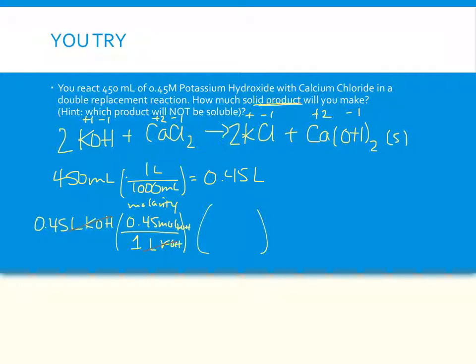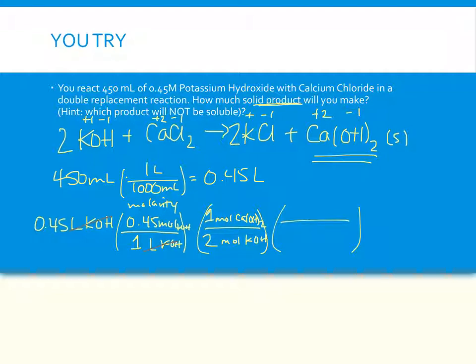Next I can do my molar ratio. So I'm going to have moles KOH on the bottom. I want to go to my solid product, so I'm going to put moles calcium hydroxide up top. And then coefficients are a 2 for KOH and a 1 for calcium hydroxide.